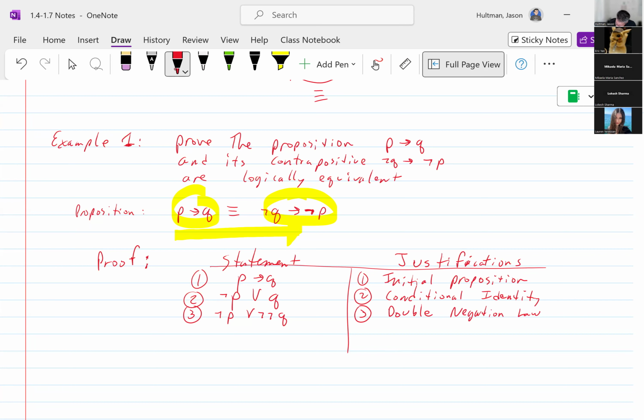Okay, number 4. I would like to get the Q on the other side and the P on the other side. So I want to swap sides. How can I swap sides here? Well, I can do the double negation of Q or single negation of P, and that's the commutative law.